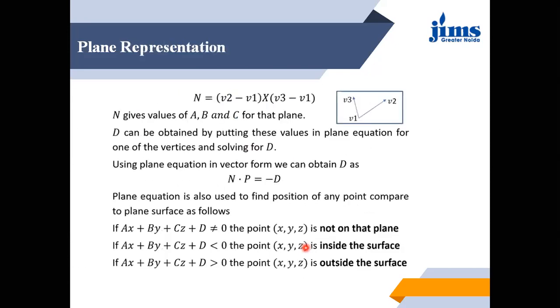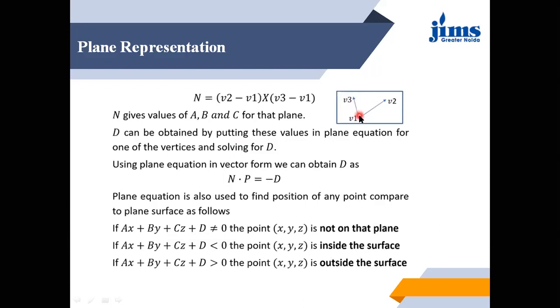And if we want to represent this plane, then the representation of this plane in the form of plane equation is n equals (v2 minus v1), meaning vector v2 minus v1, multiplied by vector (v3 minus v1).